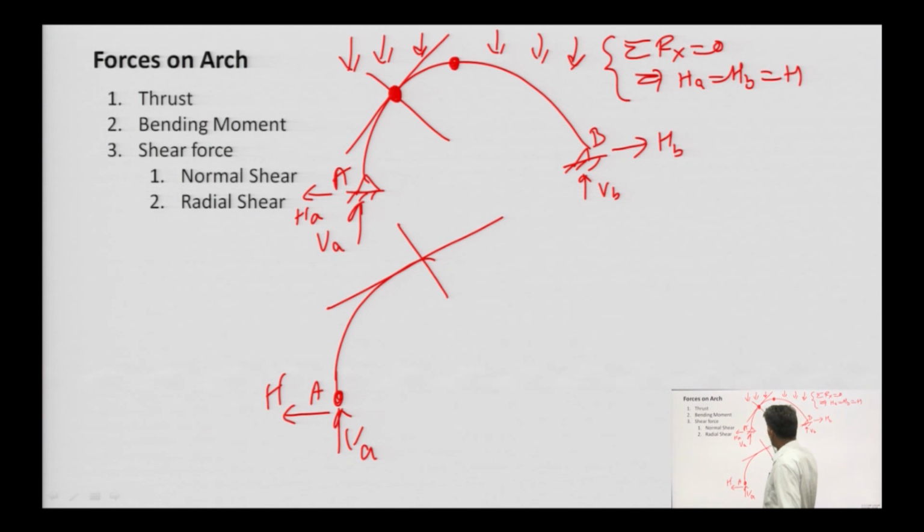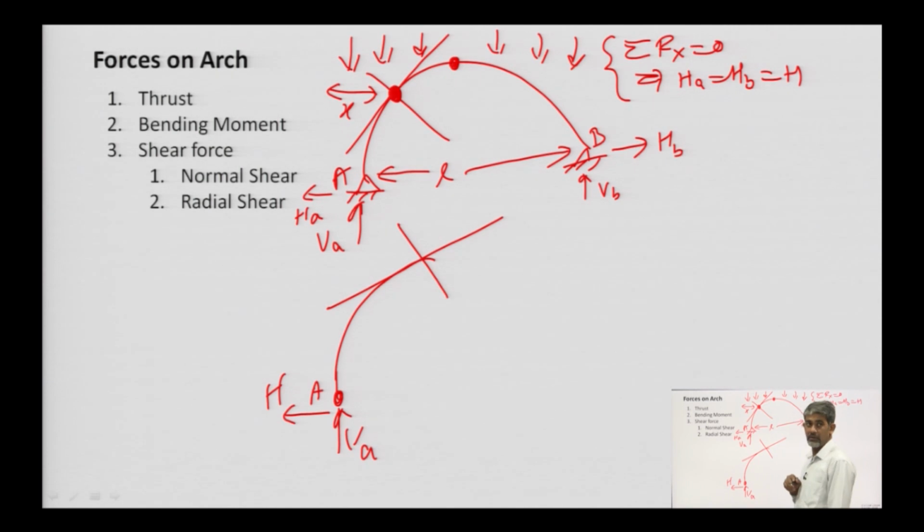Suppose this is at any distance x, and this is the span, the horizontal distance between points A and B. Which type of force will appear at this tangent? An equal and opposite force will come. For equilibrium, both will be the same.